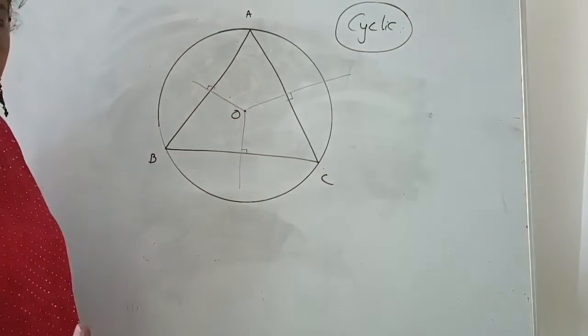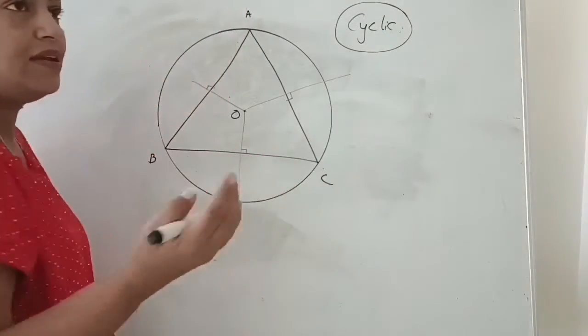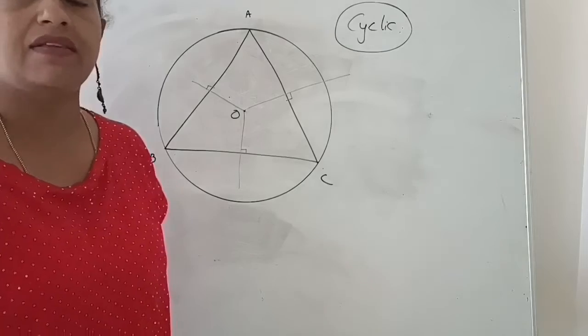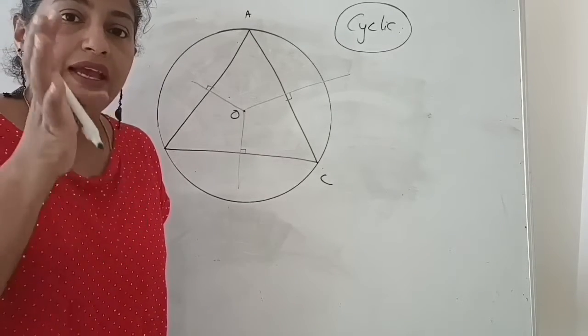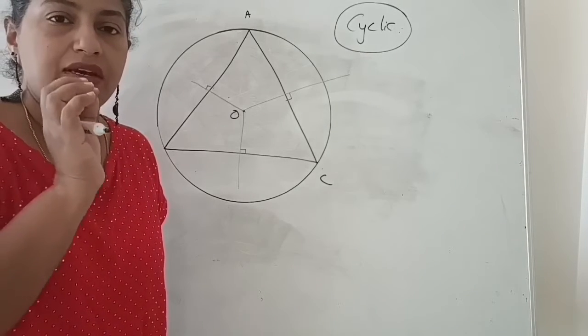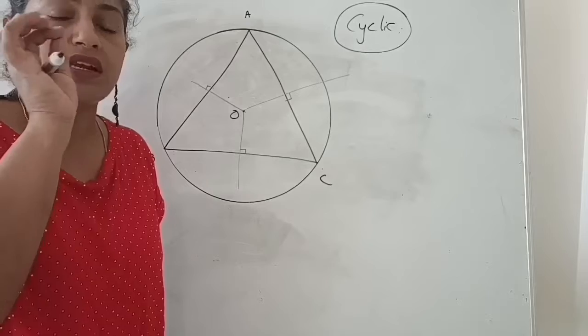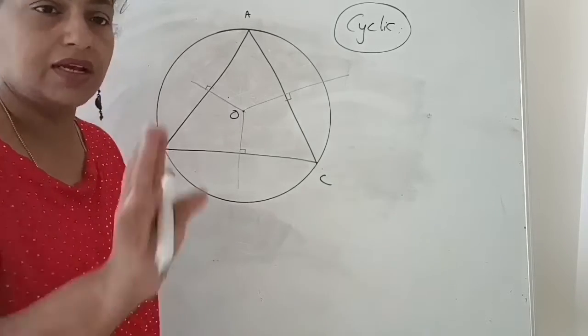Whenever I have a polygon of any number of sides, a polygon is a closed figure made up of straight lines. So whenever I have a polygon which can be enclosed within a circle in such a way that all the vertices are touching the circumference of the circle, it is called a cyclic polygon or a cyclic figure.